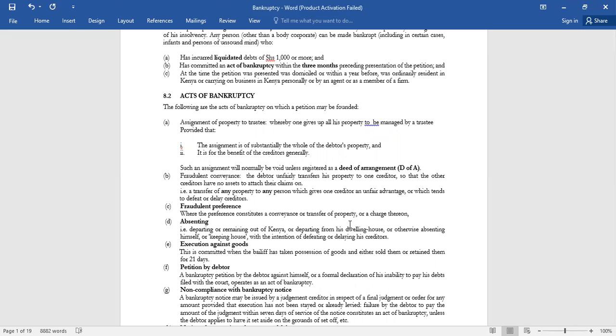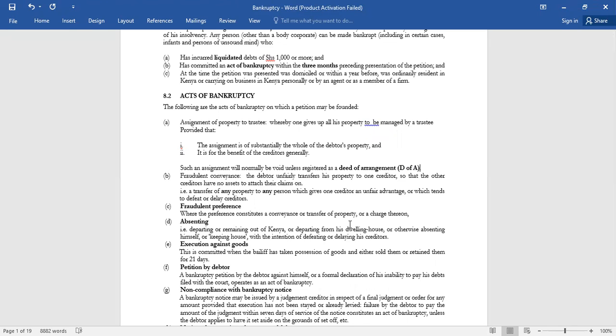In other words, we are saying you have 10 creditors, let's say. There is one creditor whom you owe, let's say, less, but you've decided all the properties or the assets that you had attached to your debt to transfer them to only one creditor. This is what we are calling fraudulent conveyance.